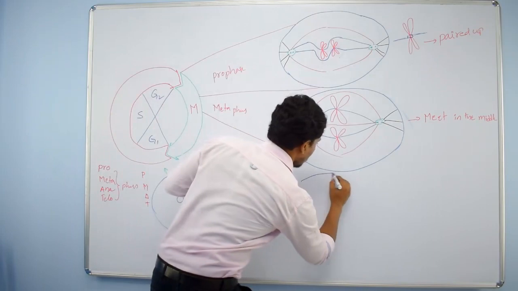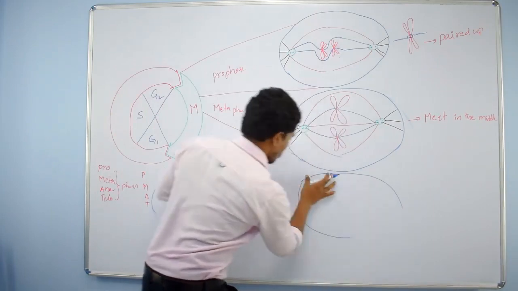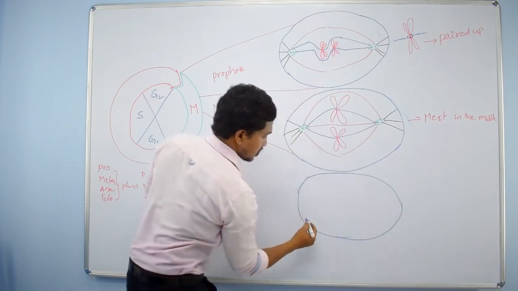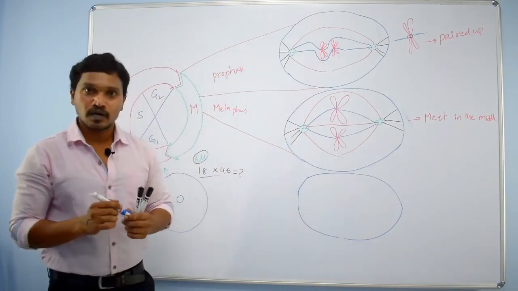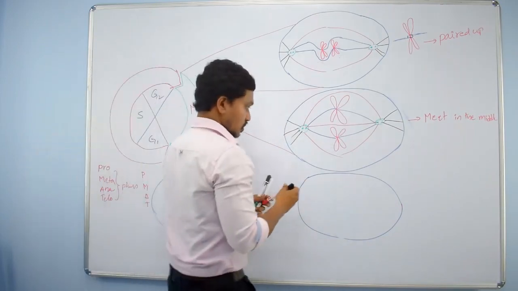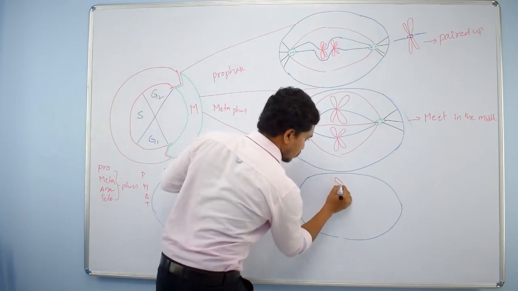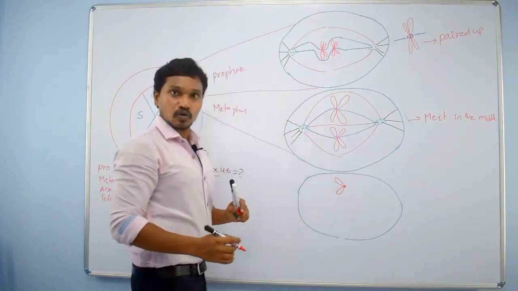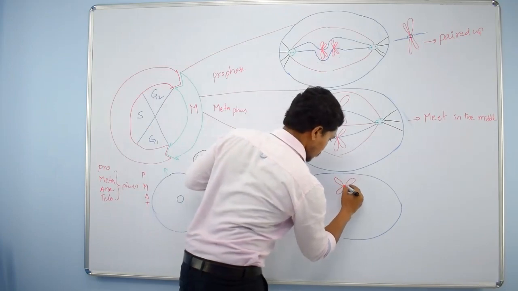Cell, this is the cell, right? Now this is one chromosome and this is the kinetochore or what is it?